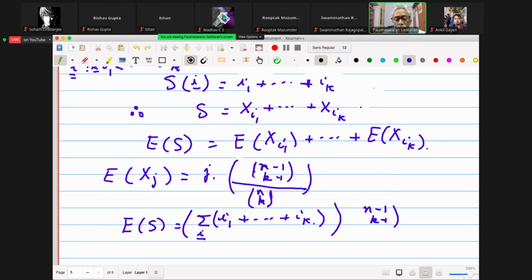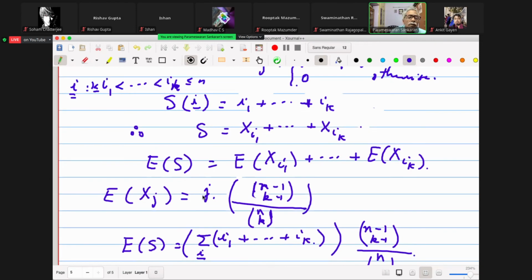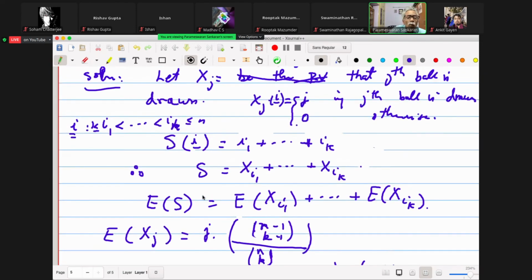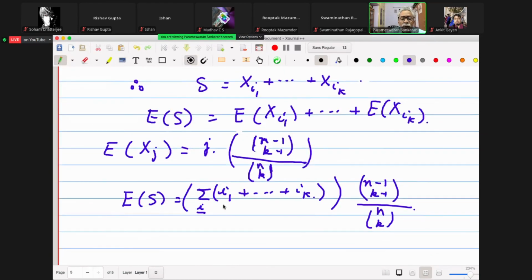There may be a simpler way to do this, but this is the way I thought of doing it. And now this is summing over all possible choices for this. There are how many? And now for a fixed one, you simplify this because you can rewrite the sum.